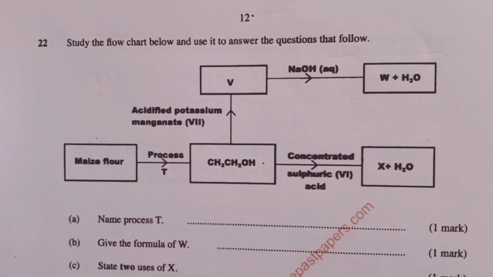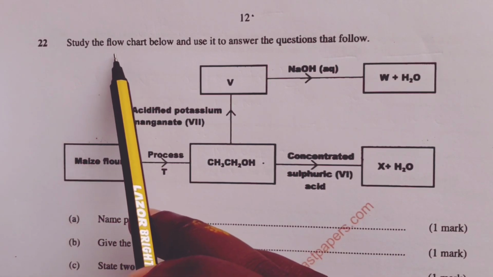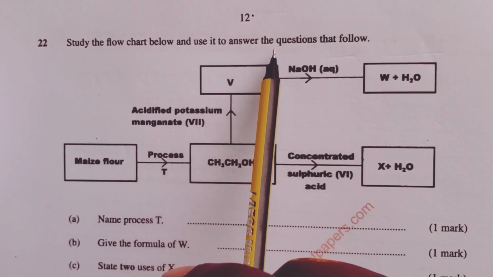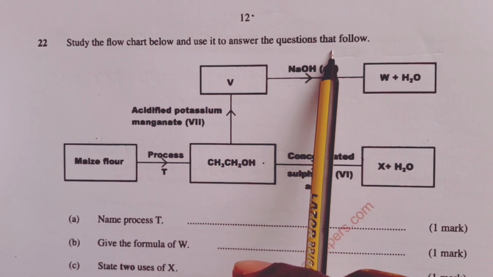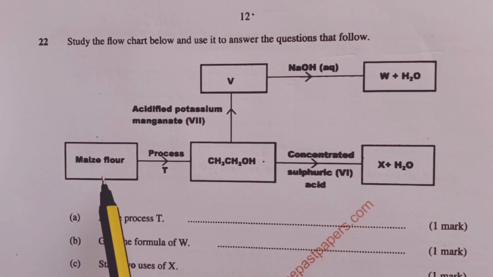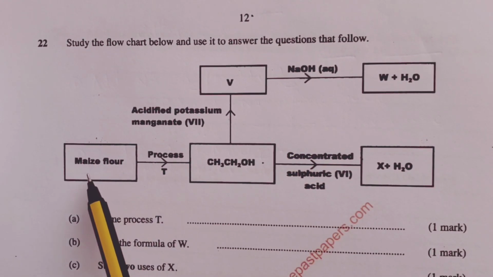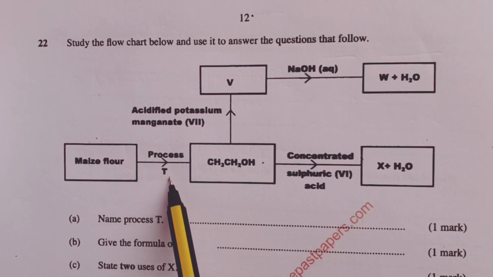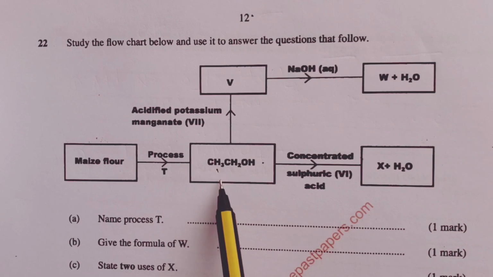Question number 22. Study the flowchart below and use it to answer the questions that follow. So this scheme begins with maize flour, which undergoes process T to give ethanol.